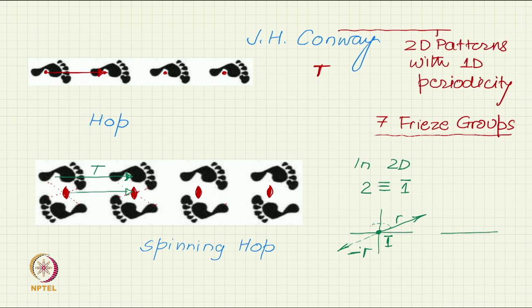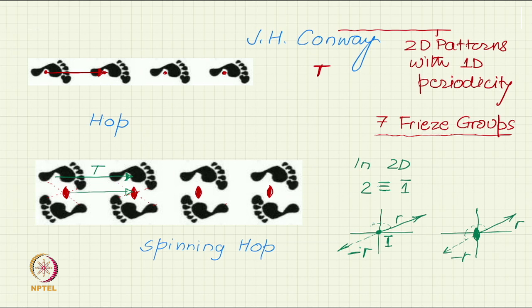But now I do not think of the inversion operation, but I think of a twofold rotation operation. It will rotate this vector by 180 degrees and will again give you the same minus r.